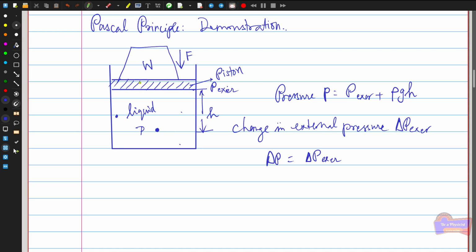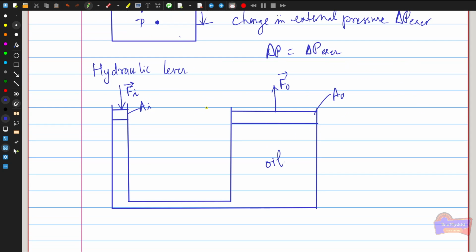And one important application of Pascal's principle is the hydraulic lever. In order to show how Pascal's principle is used in the hydraulic lever, let us consider a hydraulic container of this shape, filled with oil.